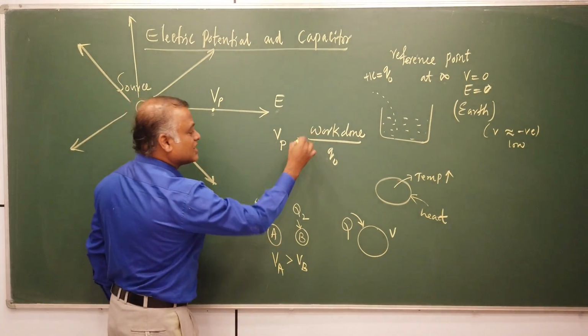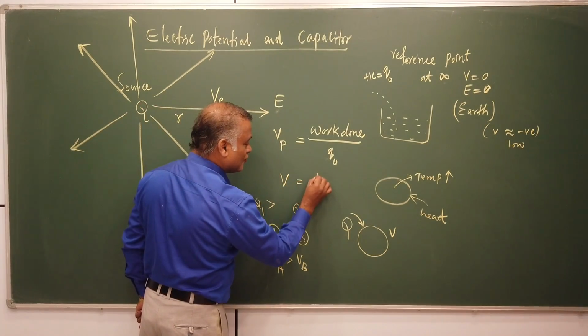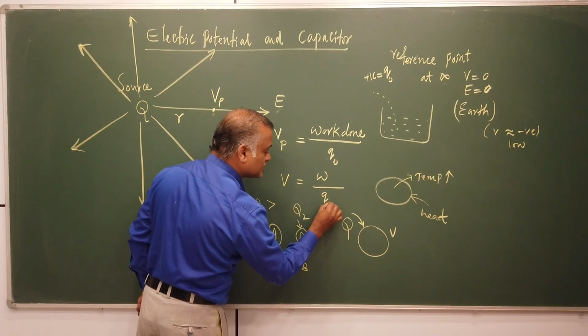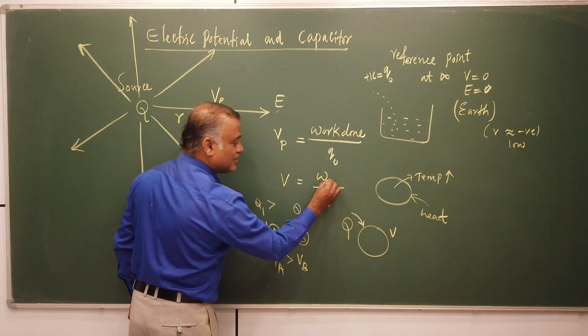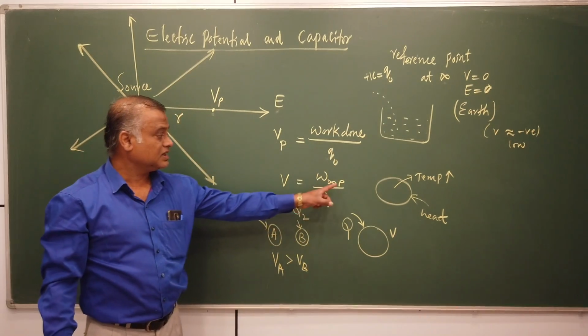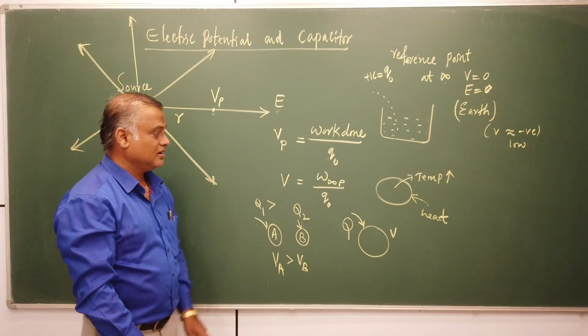This can be written in mathematical form: potential at a point is the work done in carrying unit positive charge from infinity to the point under consideration against the direction of electric field.